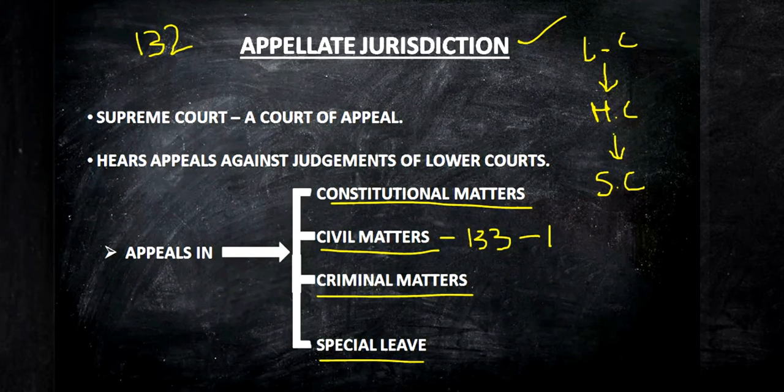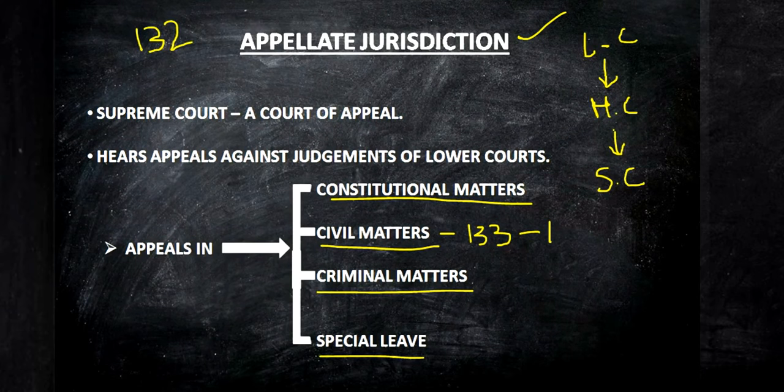Then that aggrieved person has moved to lower court, and now the lower court has given some judgment, and that aggrieved person felt that justice has not been done to him. Now, from the lower court, that aggrieved person will move to High Court. Okay. When that case came into the notice of High Court, the trial will begin.